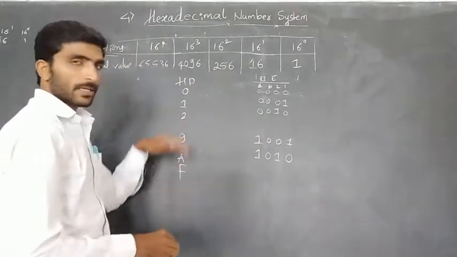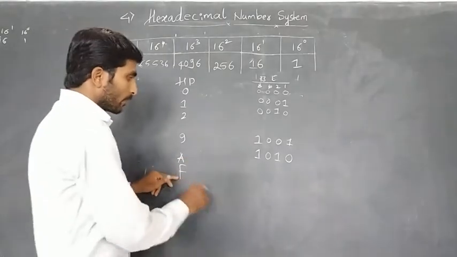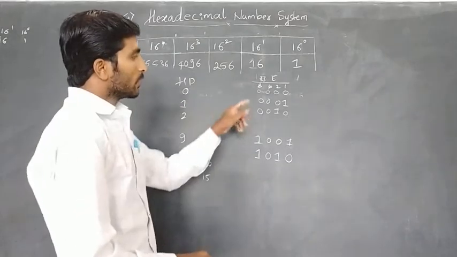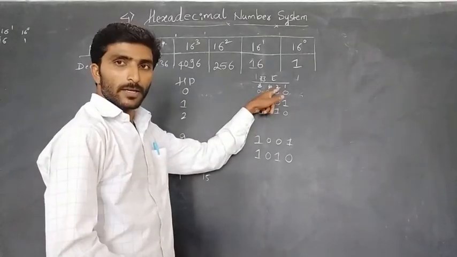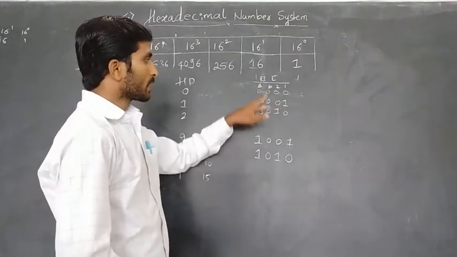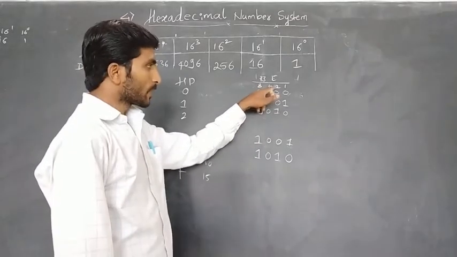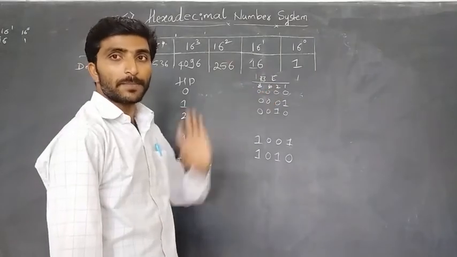Then F. Suppose F, I am choosing randomly. F means 15. First you have to add all these numbers. For example, 8 plus 4 is 12, 12 plus 2 is 14, 14 plus 1 is 15.